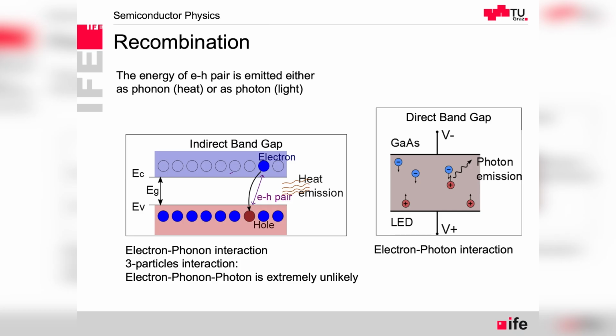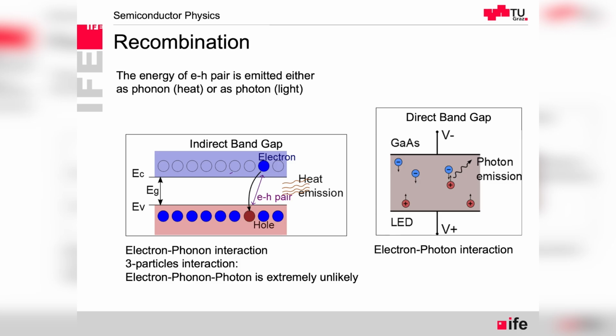So in addition to the change in the effective mass, which is defined by the steepness of those energy levels in the EK diagrams, we have the indirect and direct band gap. In case of the indirect, which is silicon or germanium, we will have the change in momentum.